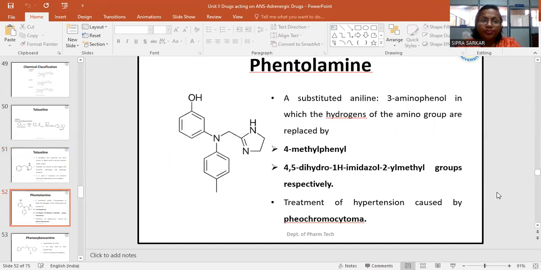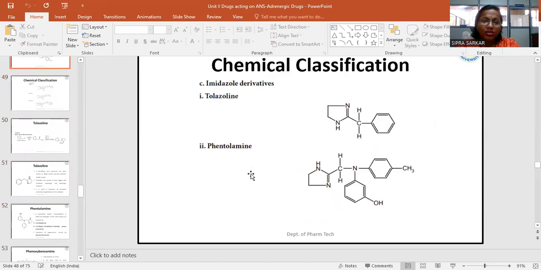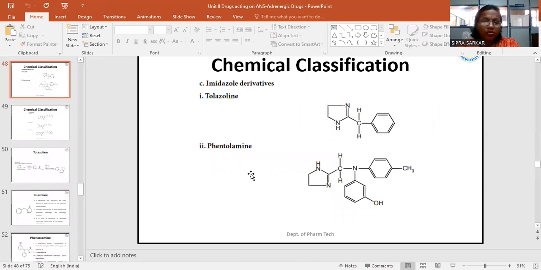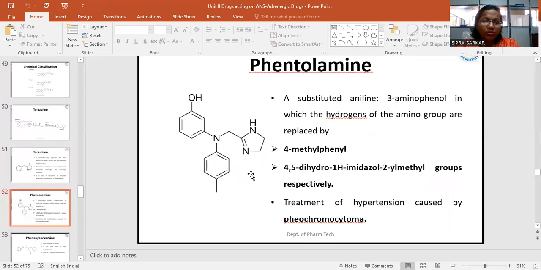Coming to phentolamine, a substituted aniline and 3-aminophenol, in which the hydrogens of the amino group are replaced by 4-methylphenyl. See, this is phentolamine. It has a 5-membered nitrogen-containing ring. Tolazoline is an imidazoline, a 2-nitrogen-containing 5-membered ring, and phentolamine is also an imidazoline ring-containing drug.